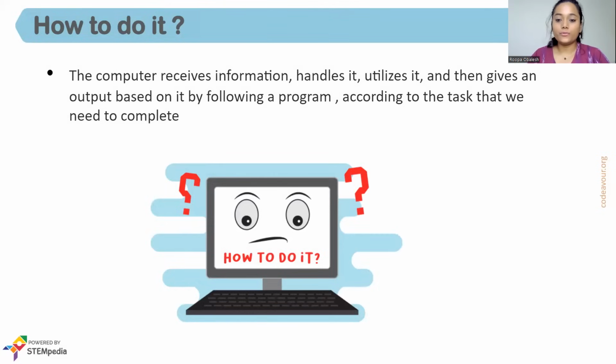Whenever we want to do something on the computer, we write the instructions, so we are inputting some values. After we input values, the computer will process them and we will get the desired output. This is how the computer takes, analyzes, and gives us the proper output.